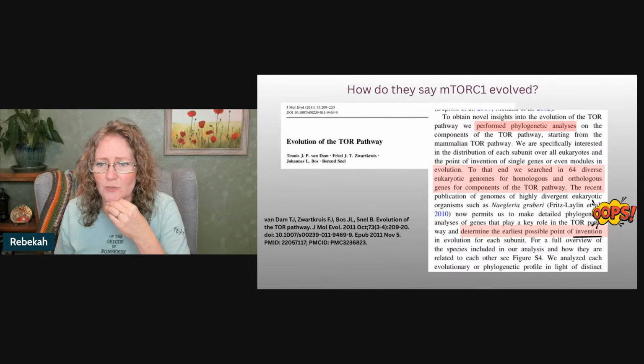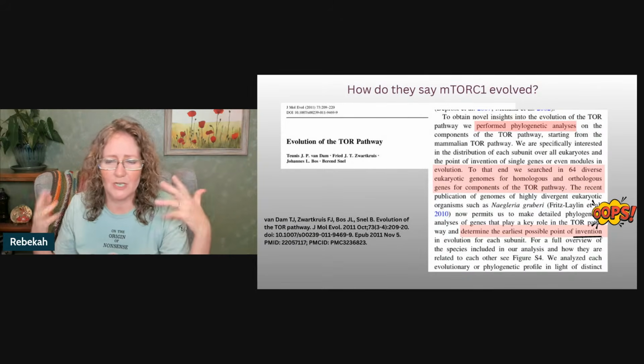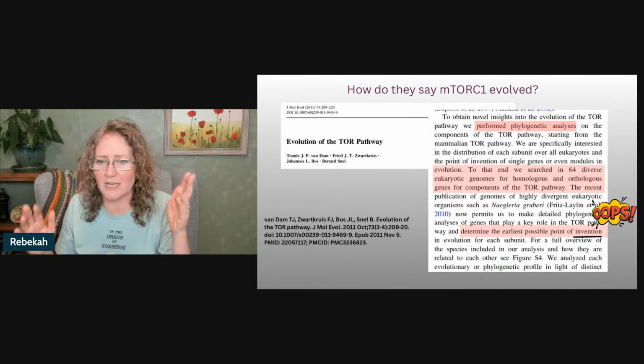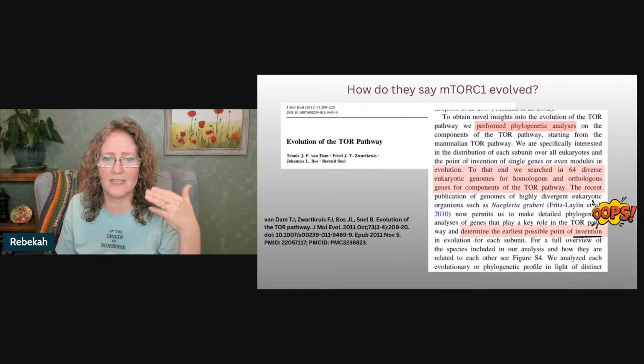They said, to that end, we searched in 64 diverse eukaryotic genomes for homologous and orthologous genes for components of the TOR pathway. Okay, so again, they're just comparing different organisms, trying to look at how similar the genes are, how this might have happened. The main problem with that is just that it assumes that evolution happened.